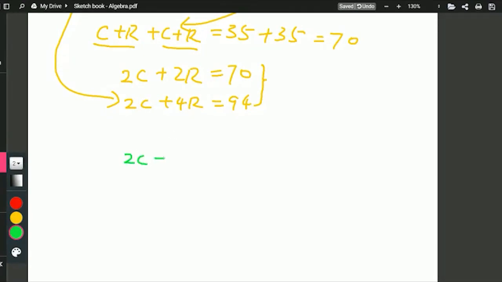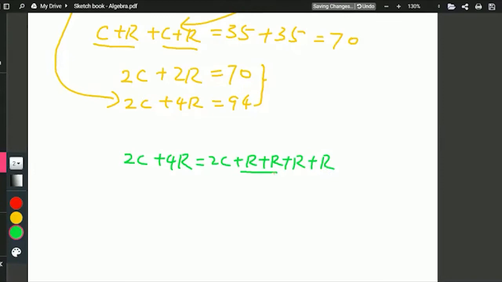in 2C plus 4R, I break up the 4R into R plus R plus R plus R. I can do that because 4R is R plus R plus R plus R. And this part, this is 2R.